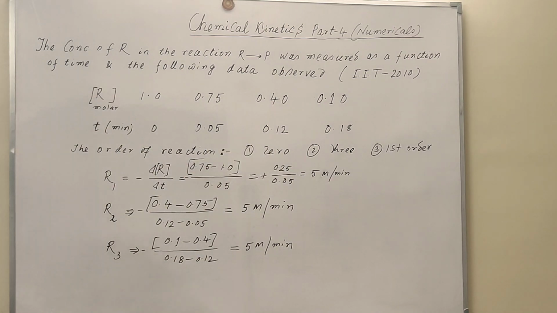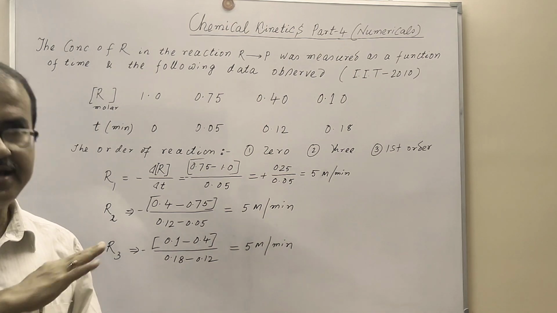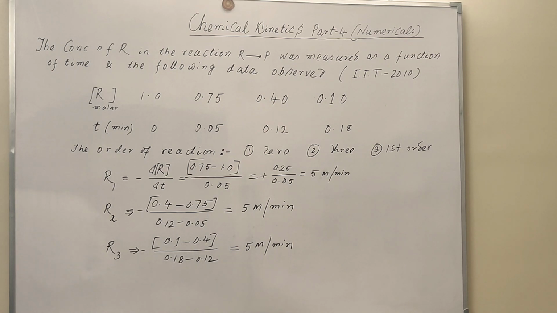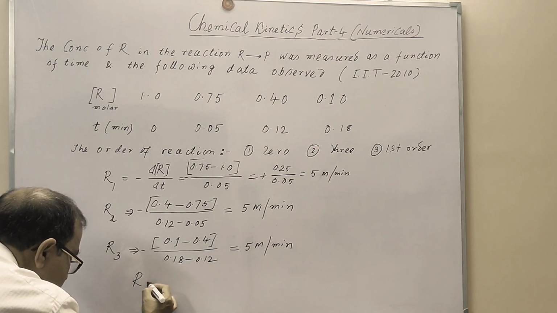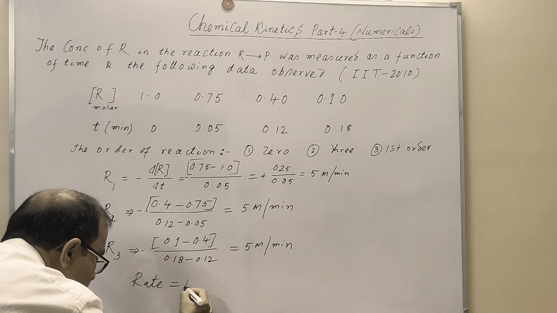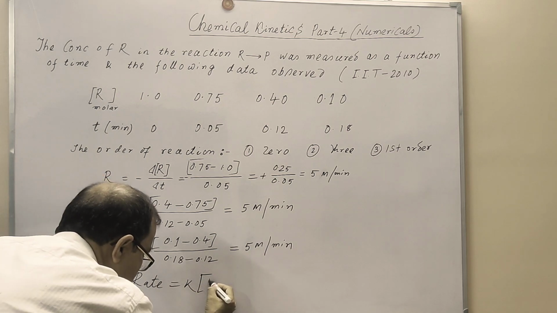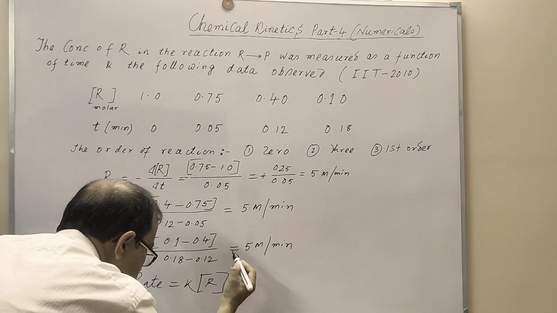Which means in all the intervals you can observe the rate of reaction is the same. Rate of reaction does not depend on the changes of the concentration, right? And how is it possible? When the order of the reaction is 0, you can write rate equal to K into concentration to the power zero.